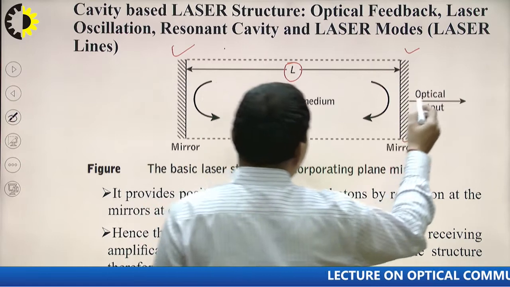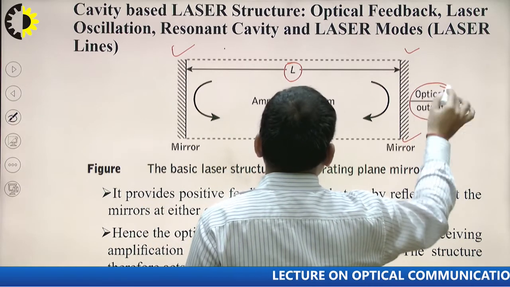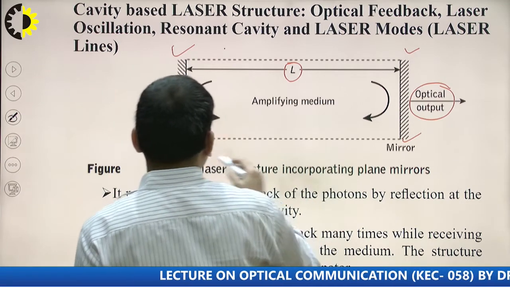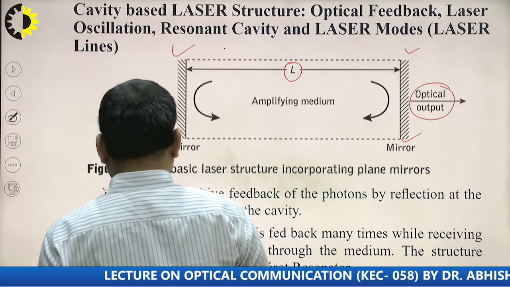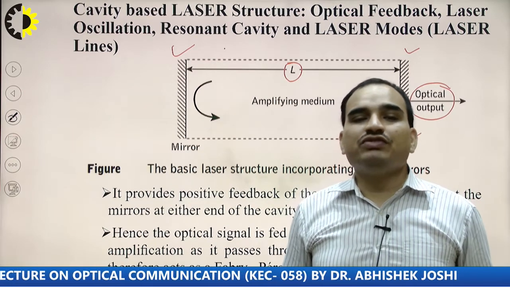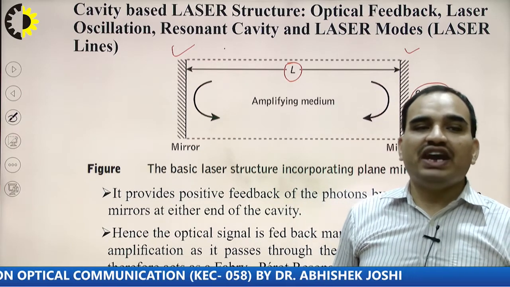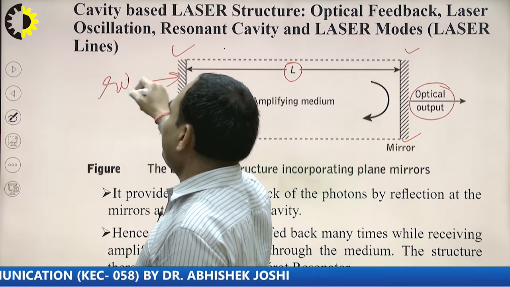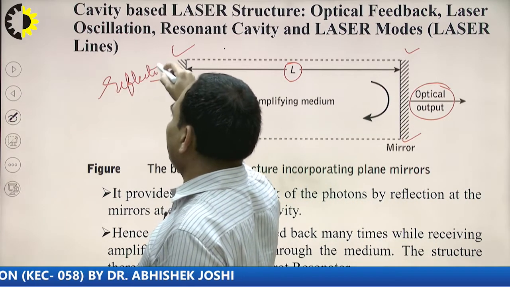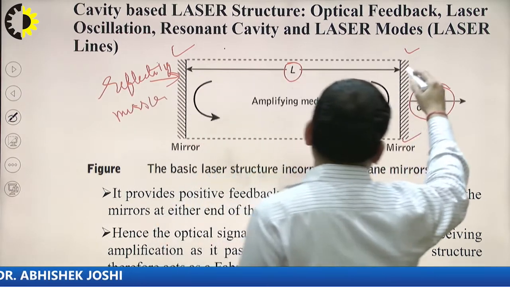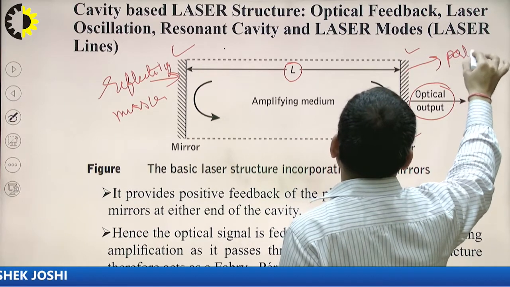We get the optical output from this mirror. We have an amplifying medium between the two mirrors. It provides positive feedback of the photons by reflection at the mirror. Here we have the reflecting mirror, and here we have the partial reflecting mirror.